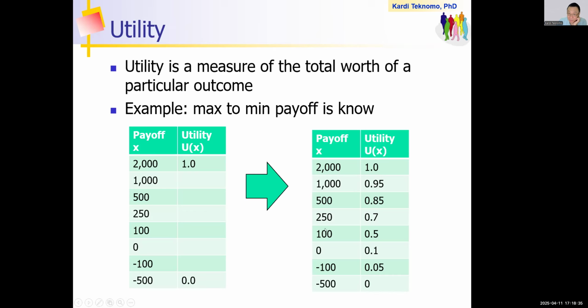Do you understand this or not? So you have a payoff, any value that you want to put. Say this is the example, negative 500 up to 2000, for example. From the minimum you put 0, the maximum you put 1, and then in between you just fill up the value that you feel.